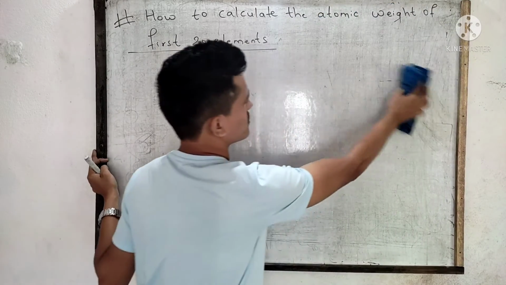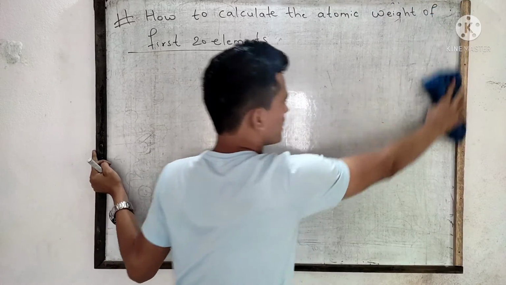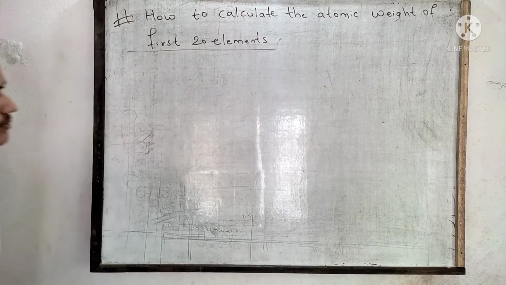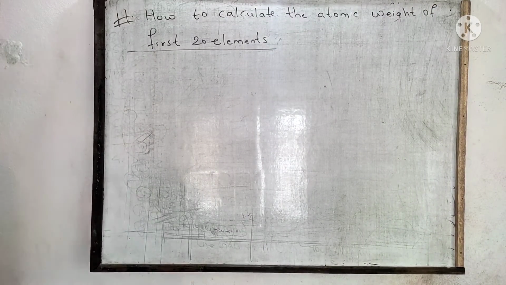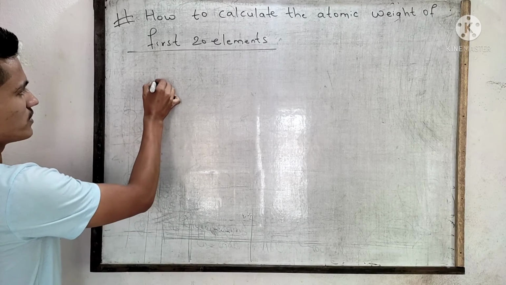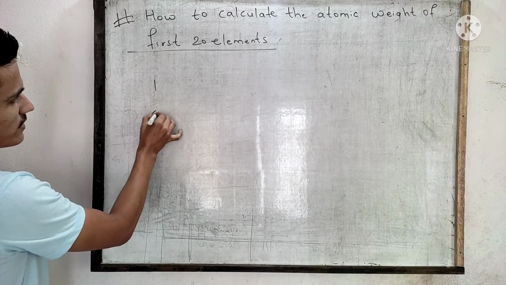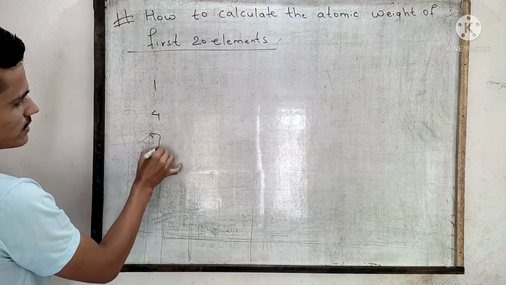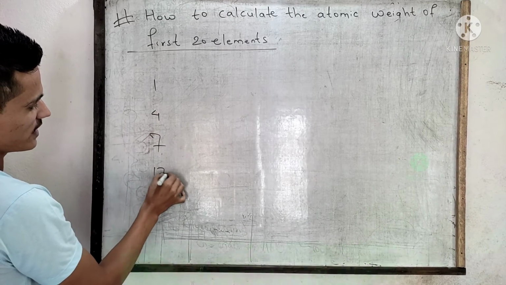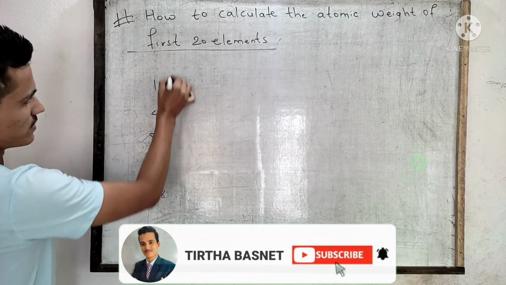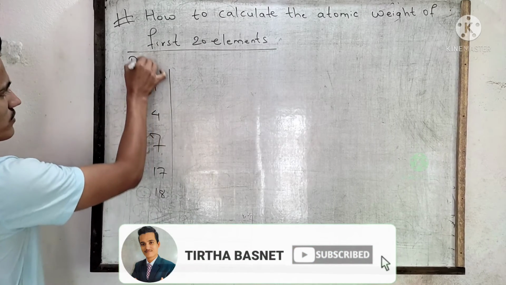We have no rules, but I will tell you how we can remember those atomic weights. Those numbers were 1, 4, 7, 17 and 18. These are the atomic numbers.